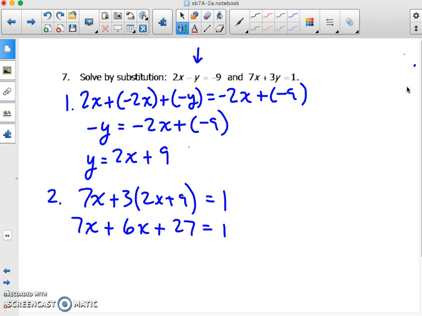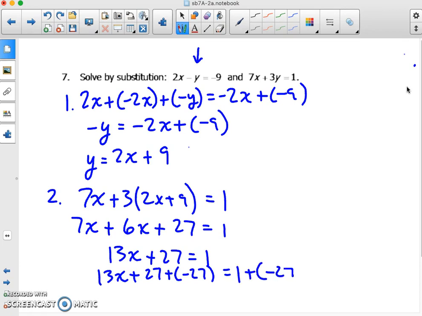I'm going to get 13x plus 27 equals 1. I need to start getting x by itself, so I'm going to add a negative 27 to both sides. So 13x plus 27 plus a negative 27 equals 1 plus a negative 27. 13x equals negative 26.